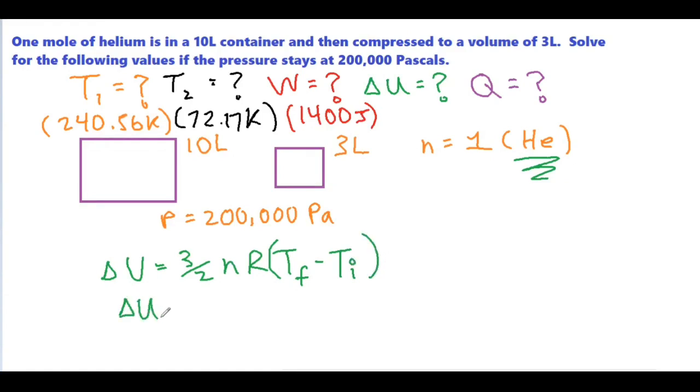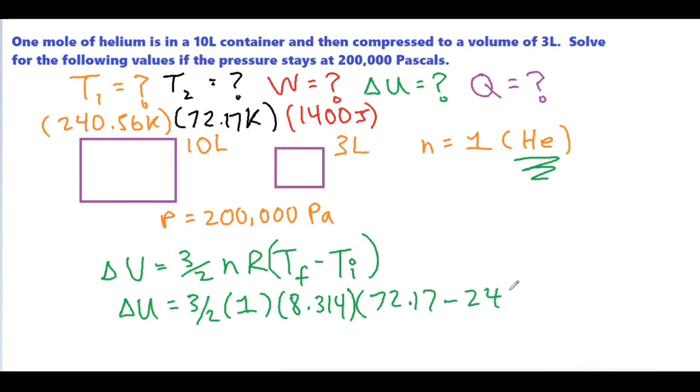So we have delta U equals 3/2, or 1.5, times 1 mole times our gas constant, times our final temperature of 72.17 minus our initial temperature of 240.56.